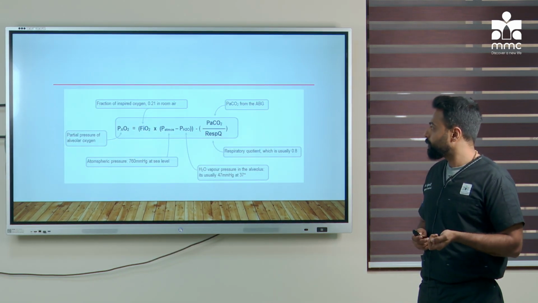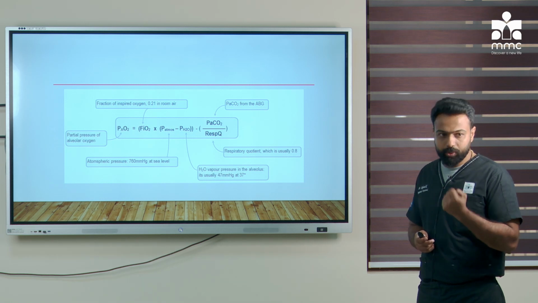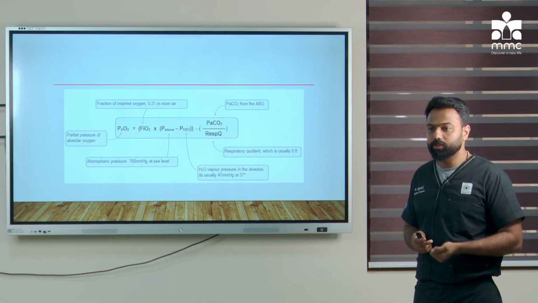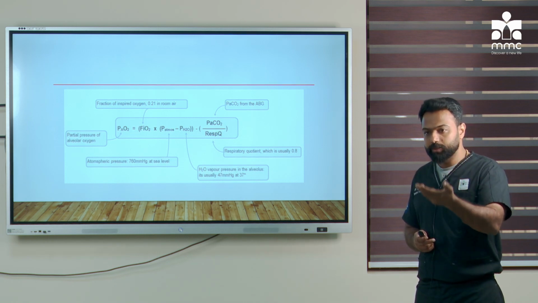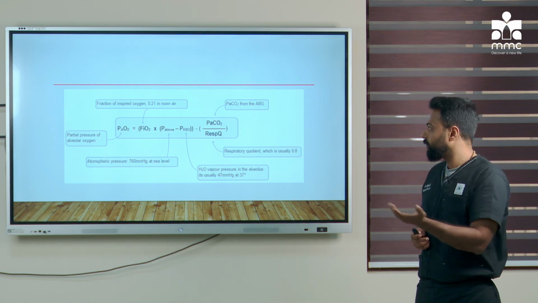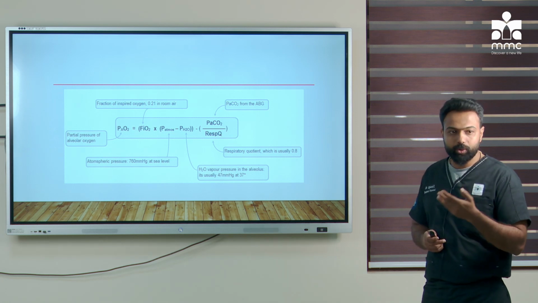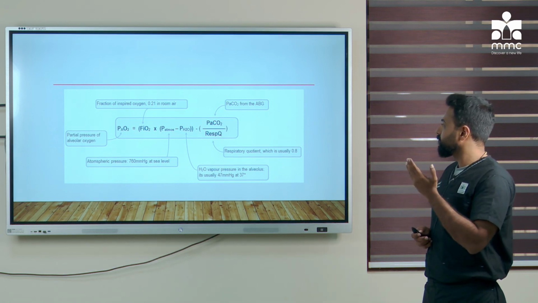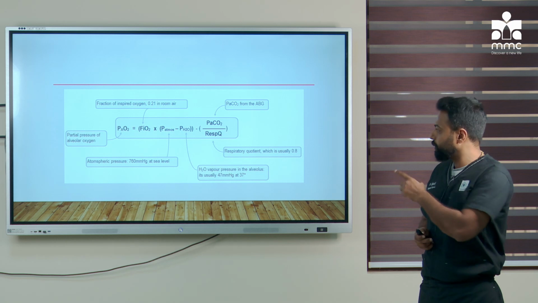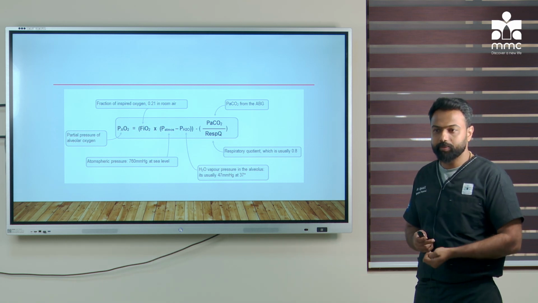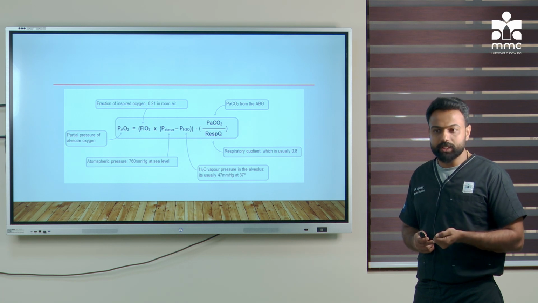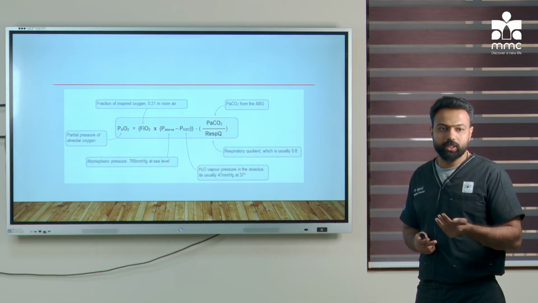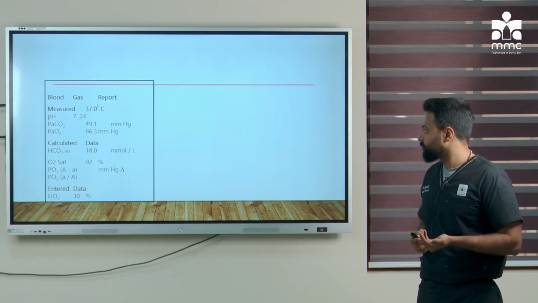If you know the FiO2, that is how much oxygen you are giving, like with nasal prongs, this many liters means this much FiO2, and all the rest of the things are constant, you can calculate the PAO2. PCO2 you again get from the ABG. You apply it and get the PAO2, which is the amount of alveolar oxygen.